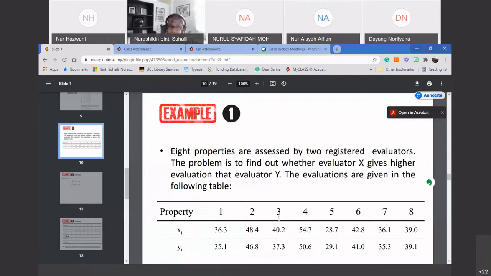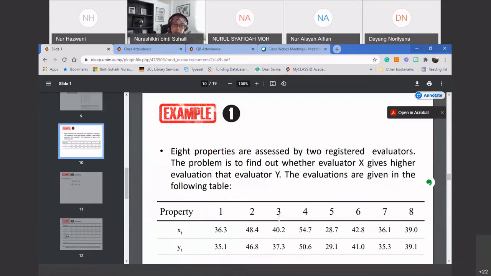Okay, but as I said just now, the conclusions drawn from using the sign test could be similar or could not be similar to the Wilcoxon signed rank test because of the nature of the test. The test is different, okay? Because the sign test just evaluates the signs. The Wilcoxon signed rank test considers both sign and magnitude, which means that it is much stronger.